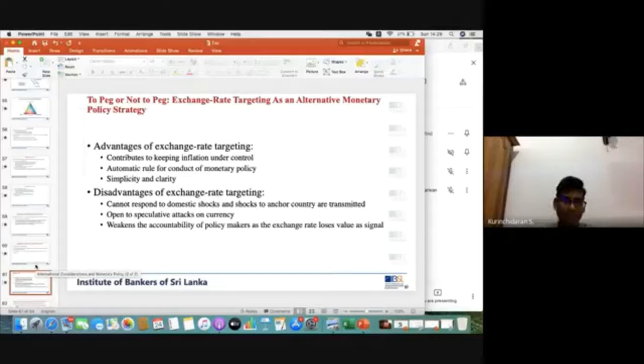And it is open to speculative attacks on the currency. Speculative attacks can happen always because they assume, okay, can you defend this currency at this level, right? They push always to move you from your fixed exchange rate level. So speculators always have an eye on that to make their profit, so they always try to attack. It also weakens the accountability of policymakers, as the exchange rate loses value as a signal. If you defend your exchange rate target, you always reach the target.